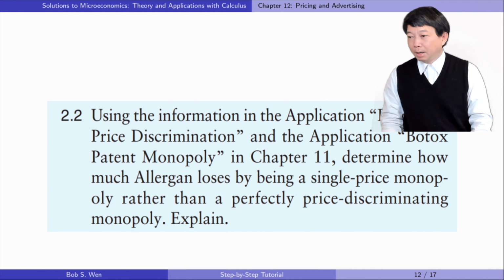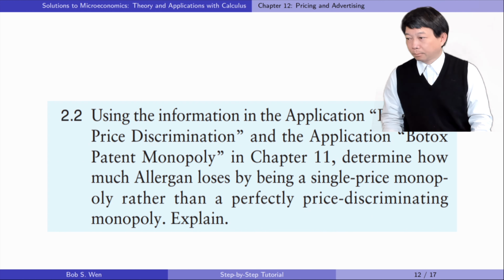Let's solve exercise 2.2. Using the information in the application Botox and price discrimination and the application Botox patent monopoly in Chapter 11, determine how much the monopoly loses by being a single-price monopoly rather than a perfectly price discriminating monopoly.